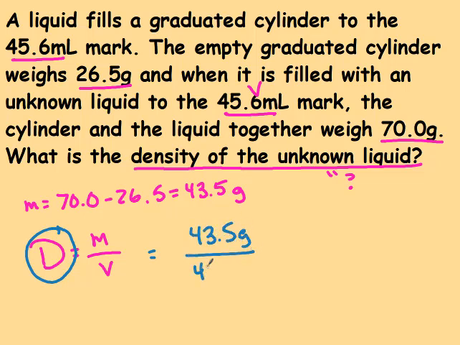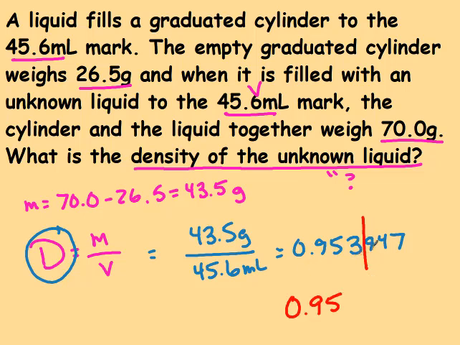My volume was 45.6. I put my units, dividing that, and then looking, they both have 3 sig figs. So 1, 2, 3. That 3 should round up because there's a 9 there, and that's going to be grams per milliliter.